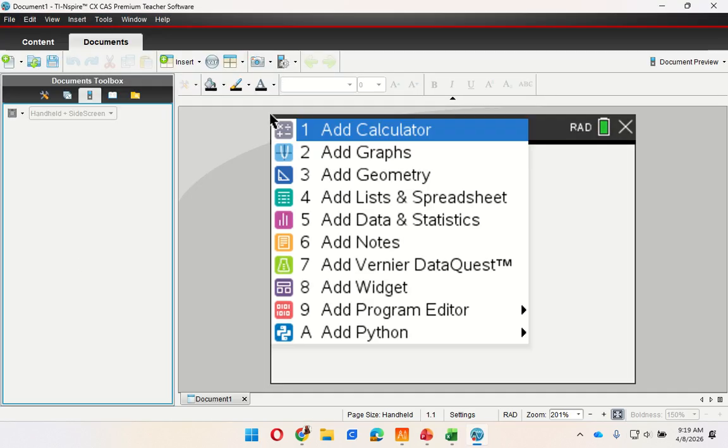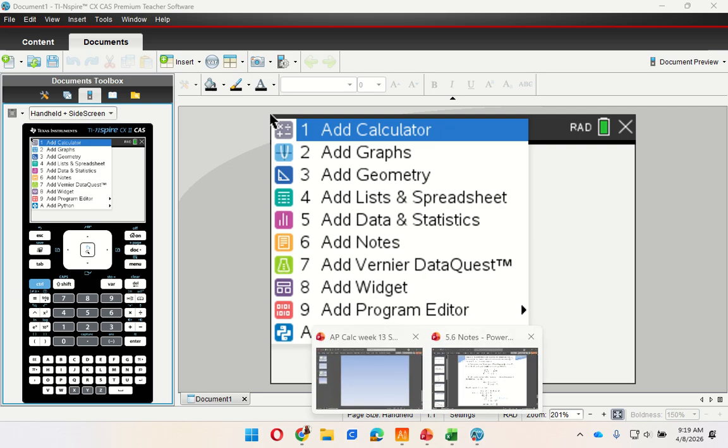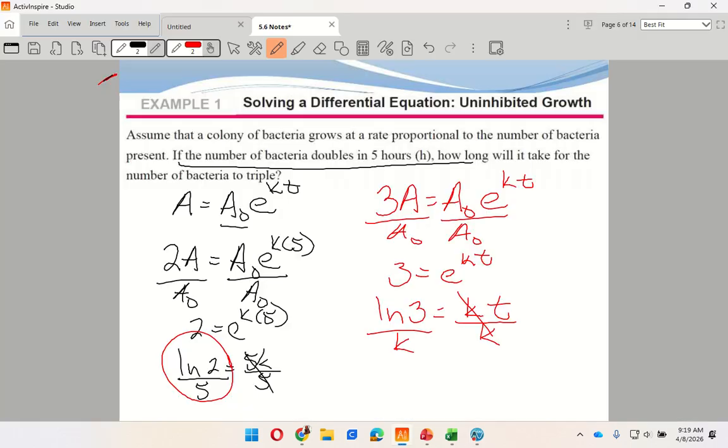So as that's loading, I'm going to clean up my math a little bit. There we go. Because I'm dividing by ln 2 over 5, right? So can I just rewrite that as 5 ln 3 over ln 2? Yeah. Okay, there we go.